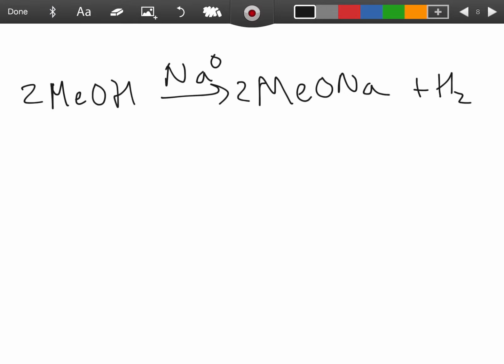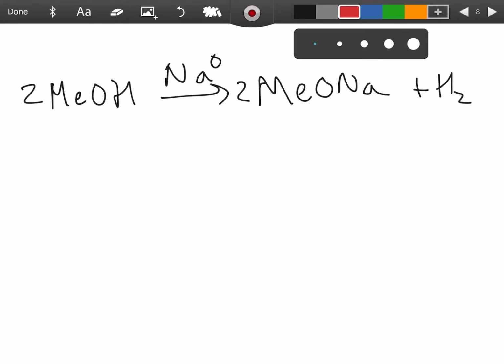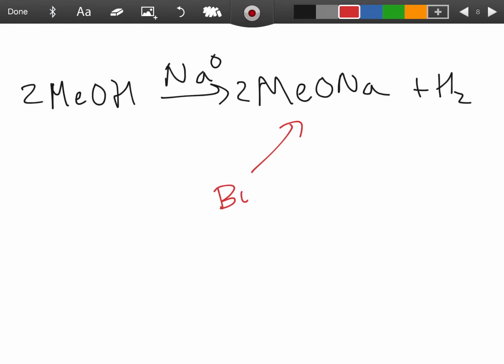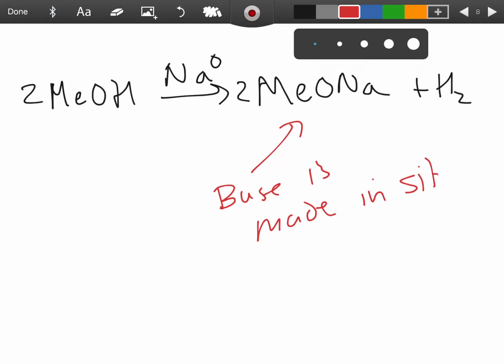So I'm sure somewhere there's someone in Gen Chem who wants me to put some coefficients on that. Right? So you make your base in situ. You make your base in solution. You're not adding an external base. The fact that you're mixing sodium metal with methanol just makes a base on its own.